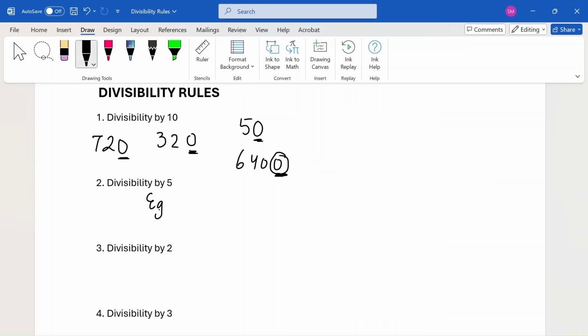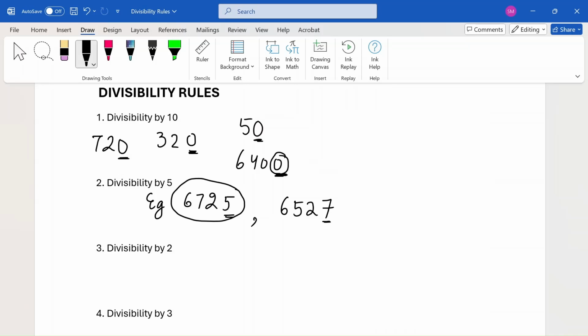For example, 6725. It is ending with the 5. So this whole number is divisible by 5. Let us check another number. 6527. Is the ones place 5 or 0? No, it is not 5 or 0.